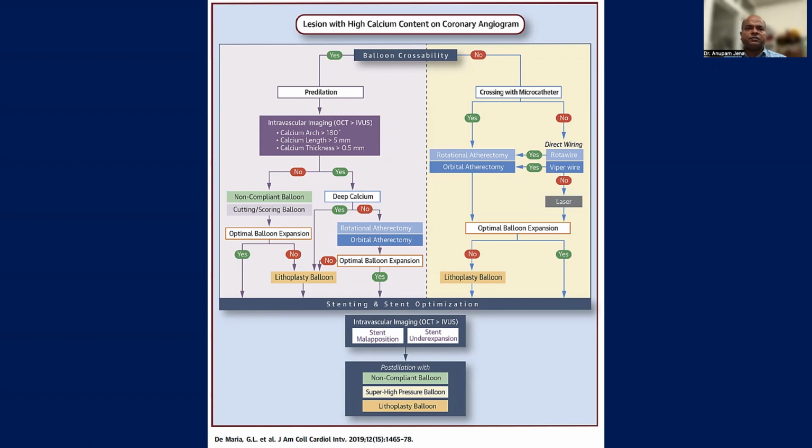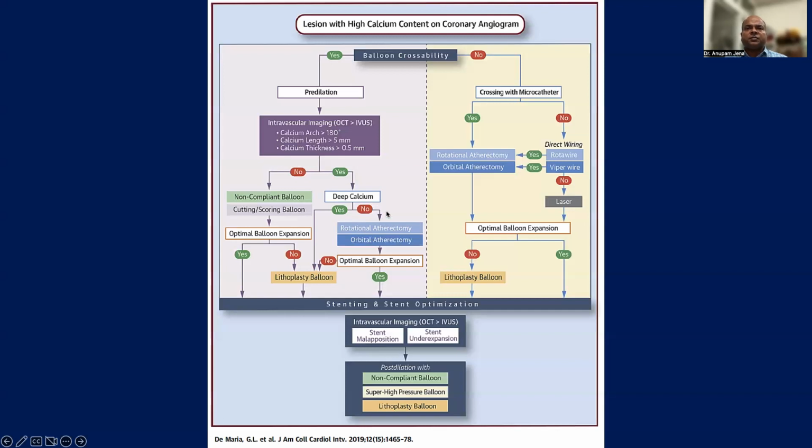If we achieve optimal balloon expansion, then we go with stenting and stent optimization. If any of these high risk features are present, then rotational atherectomy or orbital atherectomy, then balloon expansion, and we can go with stenting. If we still do not have optimal balloon expansion, then we can go with lithotripsy.